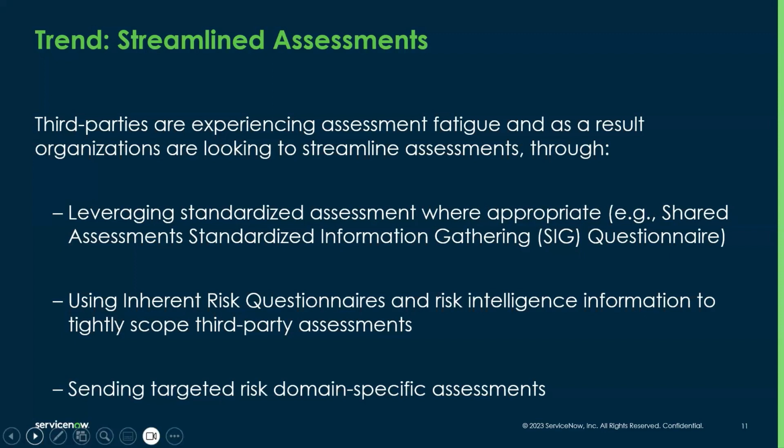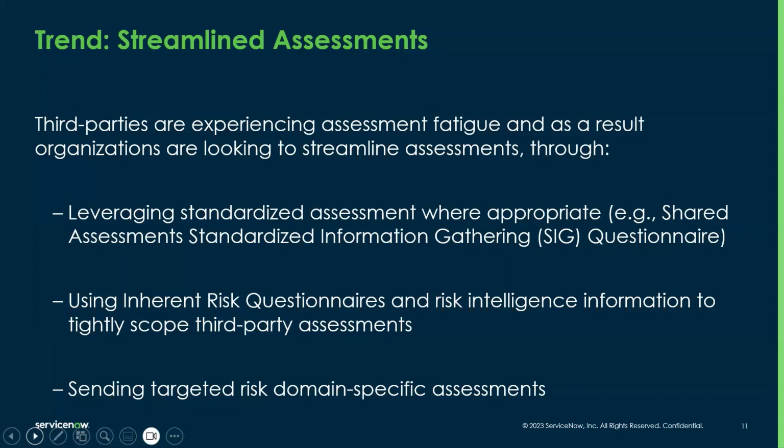So that's a big part of that. And you can do that through those inherent risk questionnaires, understanding the services that are being provided to the organization. My example earlier: are they providing supplies versus IT services? There are different questions, different risk areas that we need to consider based on those services.